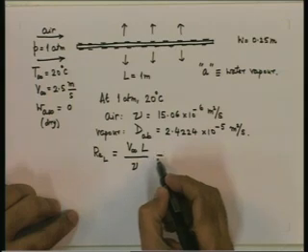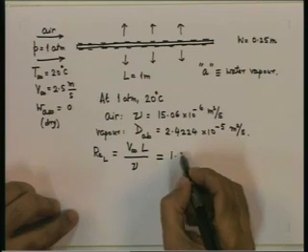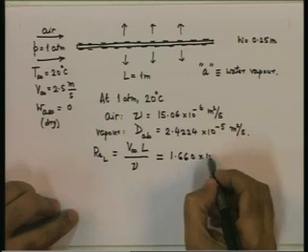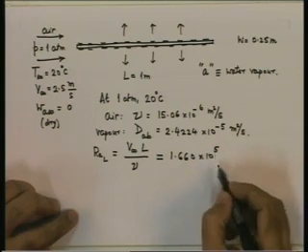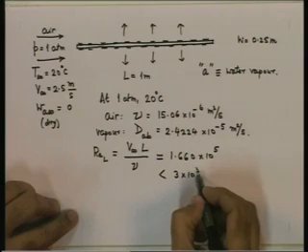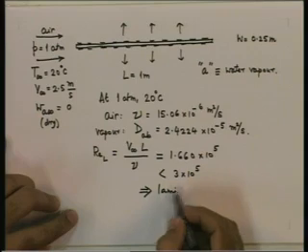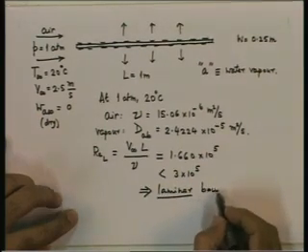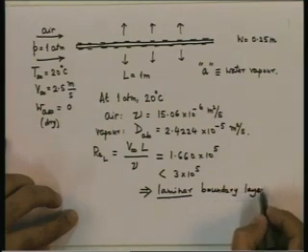If you substitute the values, you will notice that this turns out to be 1.660 into 10 raised to 5, which is less than 3 into 10 raised to 5. This implies that we have a laminar boundary layer.